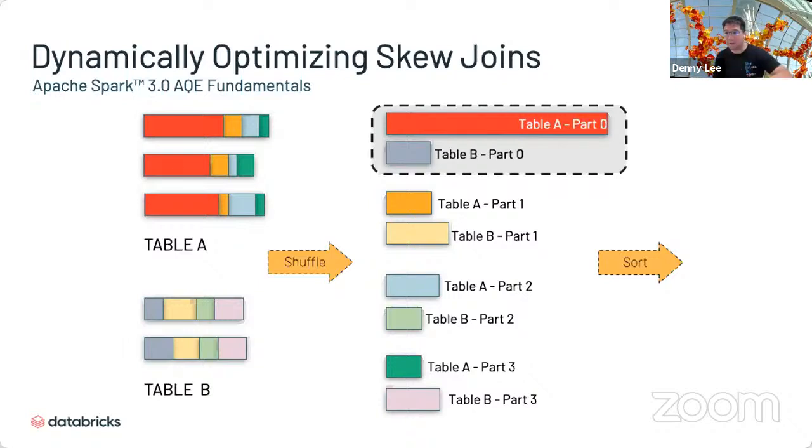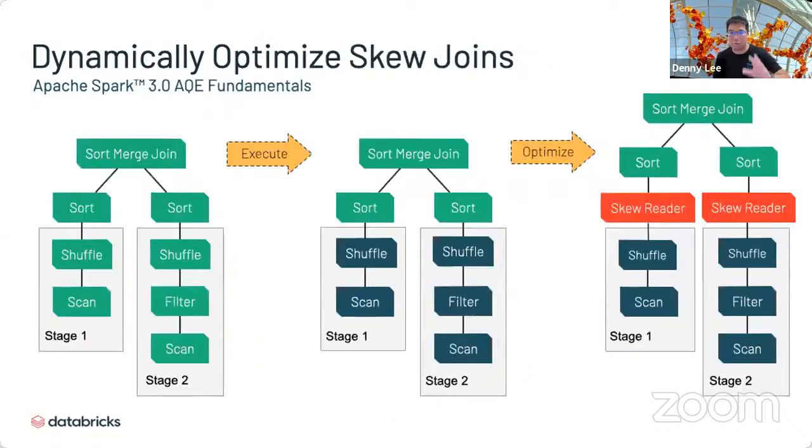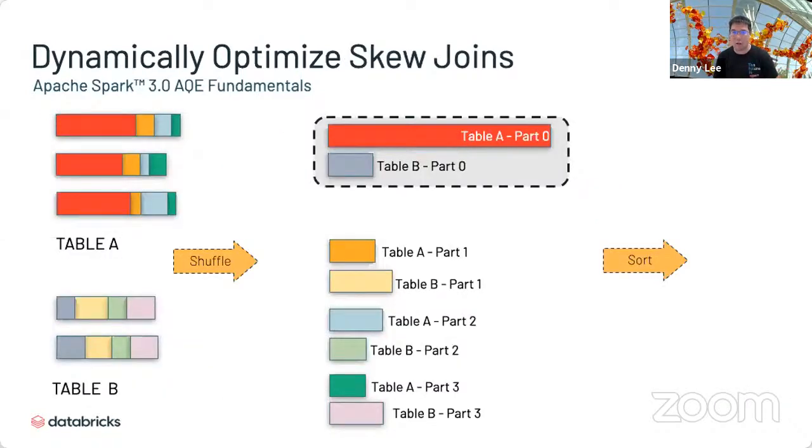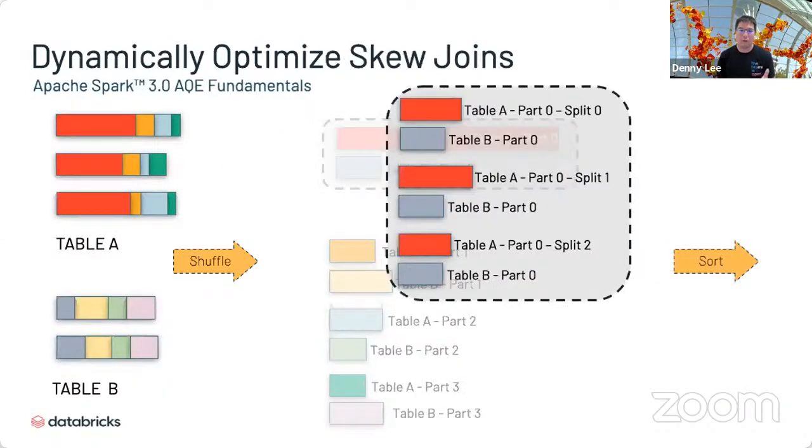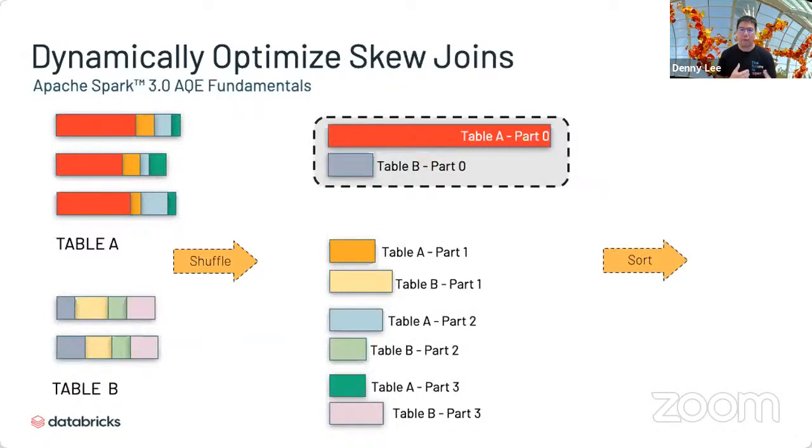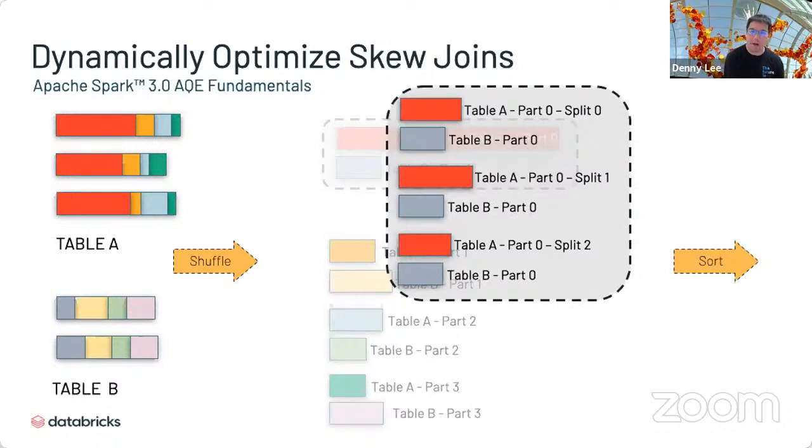Now I'm going to skip the next couple of slides because it's just providing what's going on underneath the covers. But what I really want to do is call this out. With AQE in Spark 3.0, instead of it just going with the threads, it'll automatically break down that table A into its own set of sub-partitions or splits.